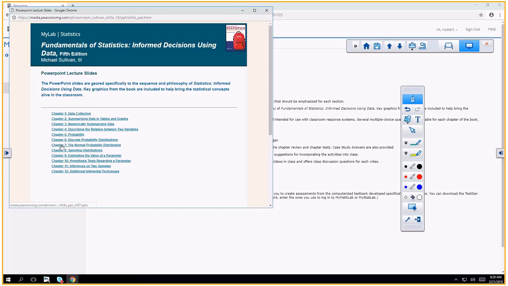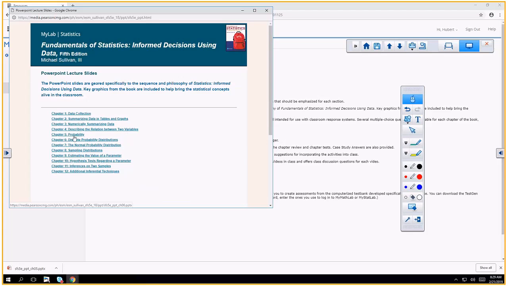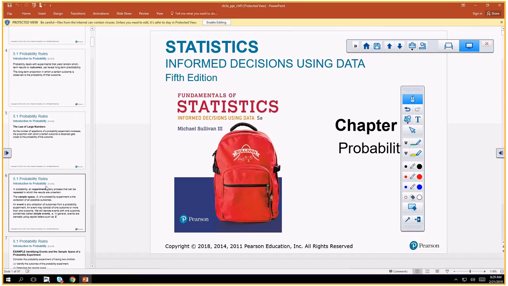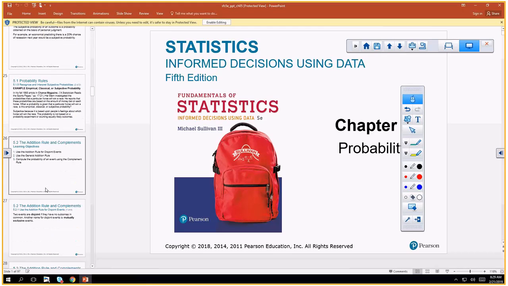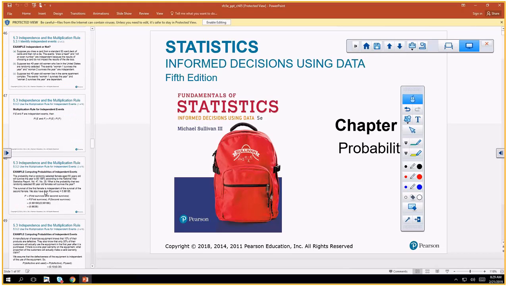Is it chapter 5? 5 point what? 5.5. Thank you. Okay. Oh, there it is. Oh, they do all the sections together. Dadgum. I didn't know that. So I got to go all the way to 5.5.